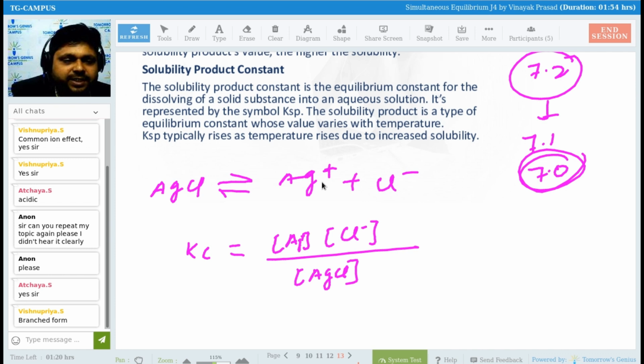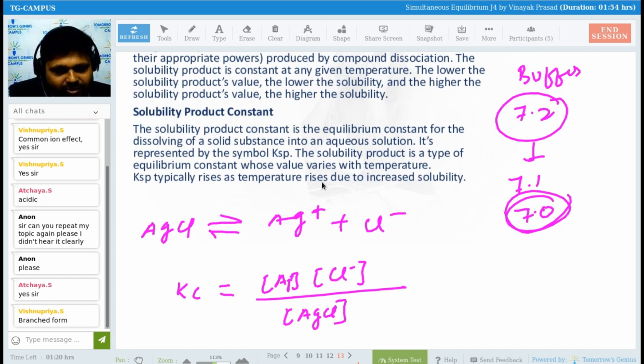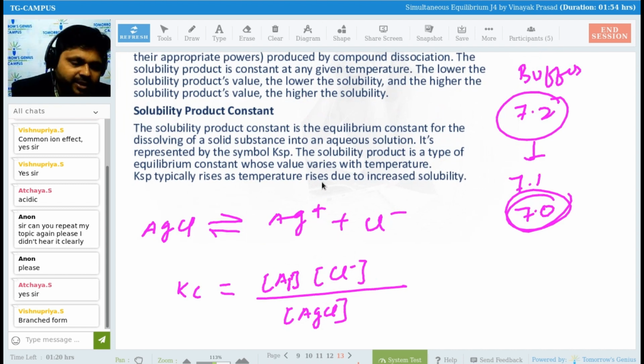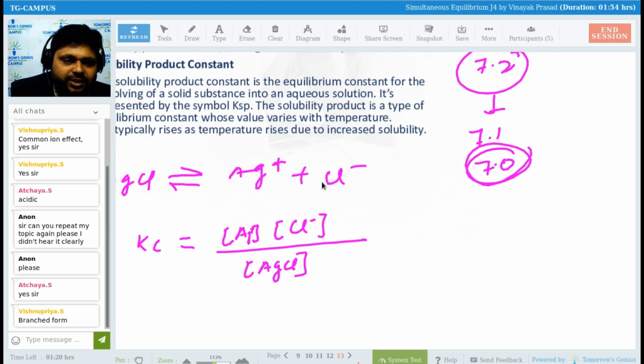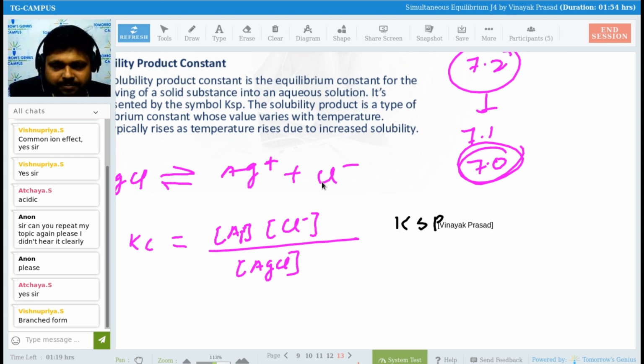In this case, this will be the Kc. But if I ask what the solubility product constant is, solubility constant and solubility product constant are the same term. Here we write it as Ksp. So what is this Ksp?